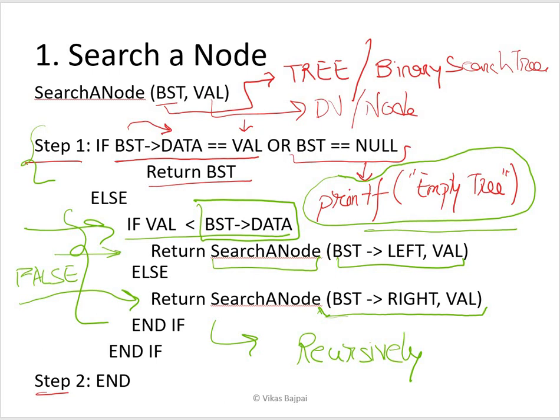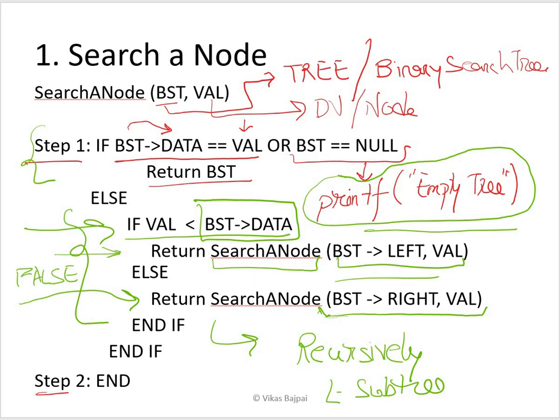That means if the binary search tree is not empty, then we compare the value of the node to be searched with the root node of the binary search tree. If both the values are equal, then the search is successful, right? Otherwise, following two possibilities: if the value of the node to be searched is less than the value of the root node, then we have to search the node in the left subtree of the root node.